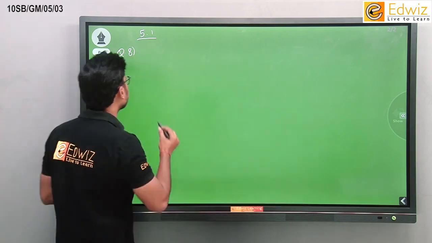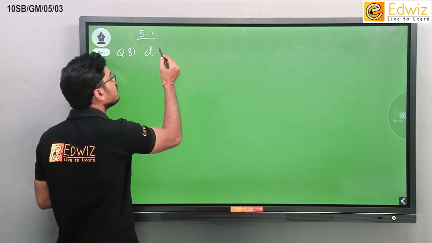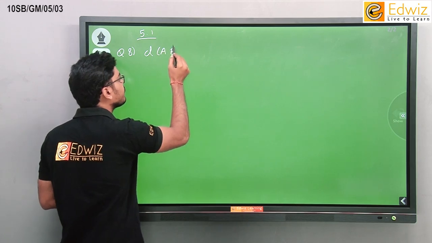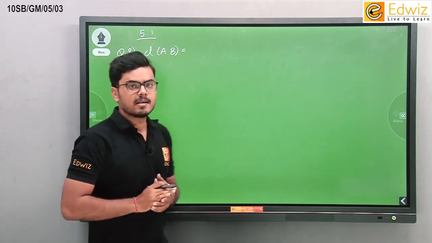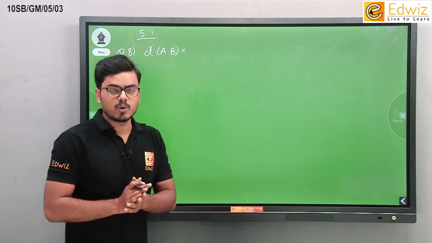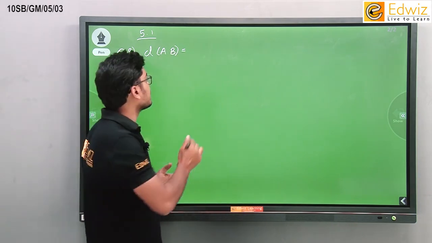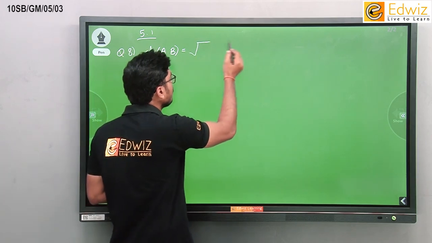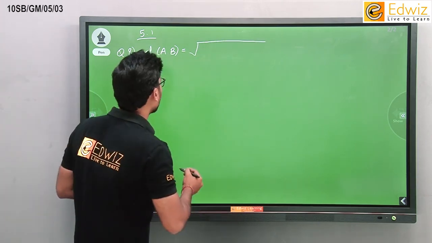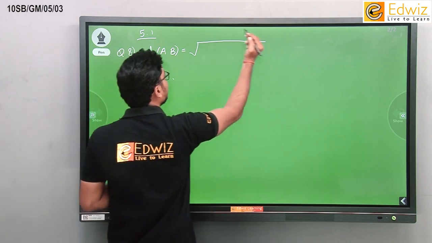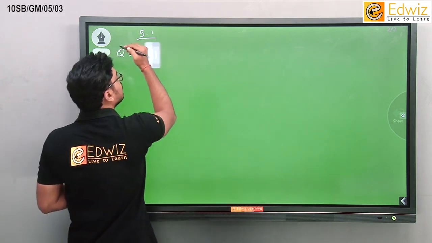Let us try to solve this now. First, we will find out distance between AB. Okay, 2 points A and B. By distance formula, as I told you earlier, I am not going to write the formula again. We'll directly solve the question. I'll write the points first so that you have some reference of what we are doing.